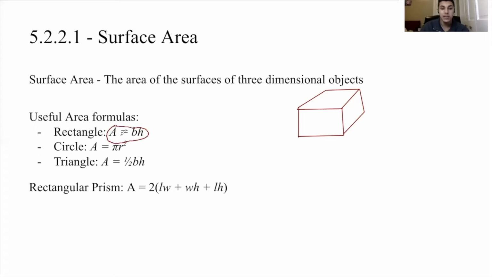The second thing you'll notice is that there are two sides on opposite sides of this rectangular prism that have the same area, that are identical. So say I labeled this face 1, this one face 2, and that one face 3. Well, face 1 has an identical face on the back, right?